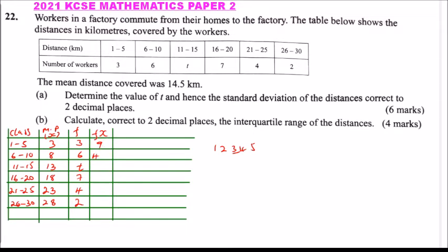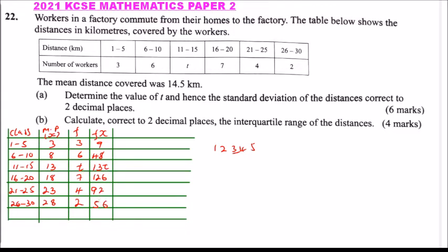This is 48. This is 13t. This is 18 times 7. You'll be able to get 126. Use your calculator. The other one we get 92, and here we get 56.